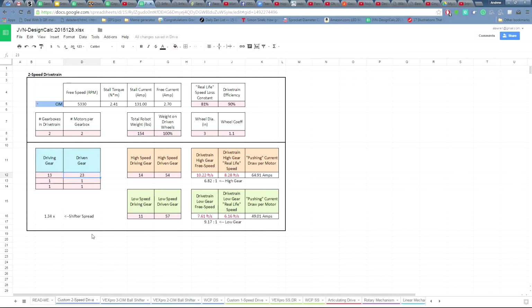The difference in this calculator, and I'm actually doing this in a bad order because I'm skipping straight to custom 2-speed drive instead of single speed. But if you get this, the rest of it's easy, so I'm just going by whatever order the tabs are in. High-speed driving gear and high-speed driven gear, and low-speed driving gear and low-speed driven gear. Essentially the way those work is the same as the driving and the driven over on the left.